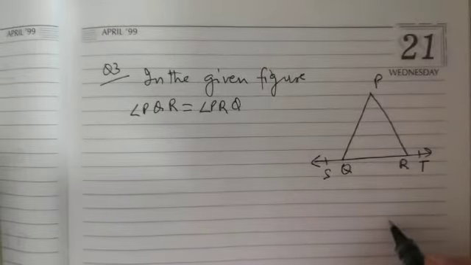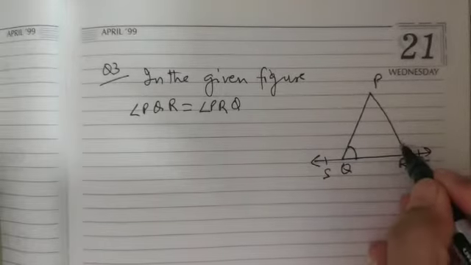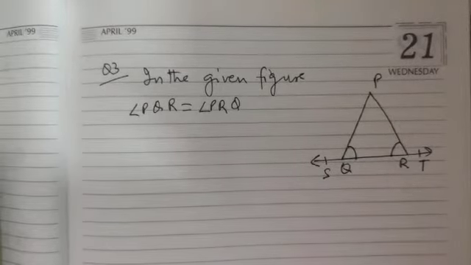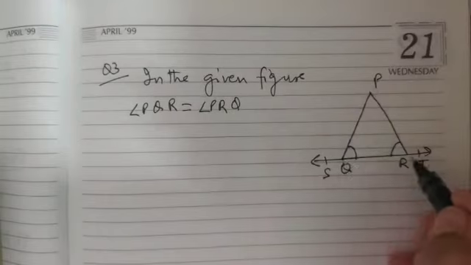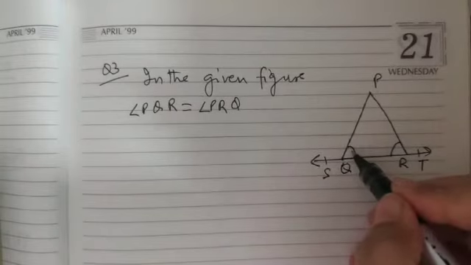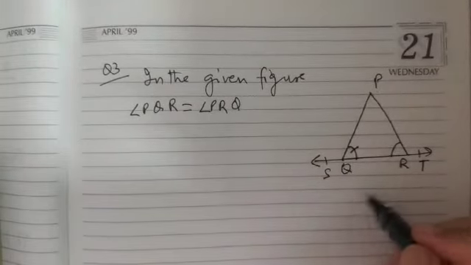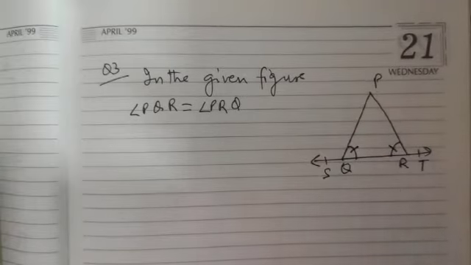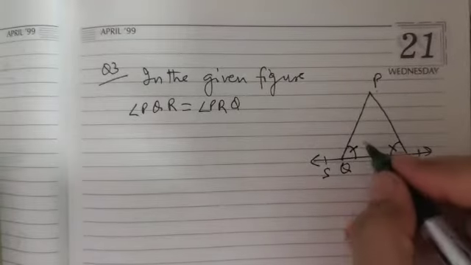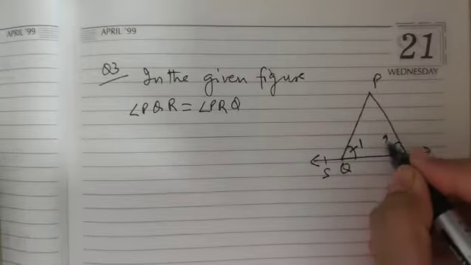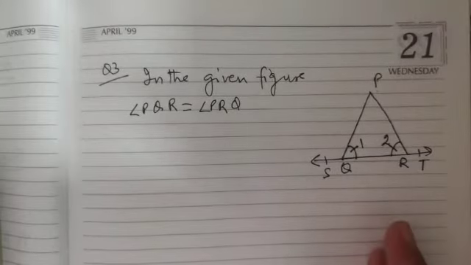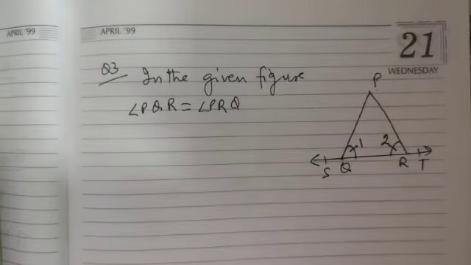PQR is making a triangle, and it is given that angle PQR, that means this angle, is equal to angle PRQ, that means this angle. We can say that angle 1 is equal to angle 2. We can mark the numbers to make the process simpler for writing.